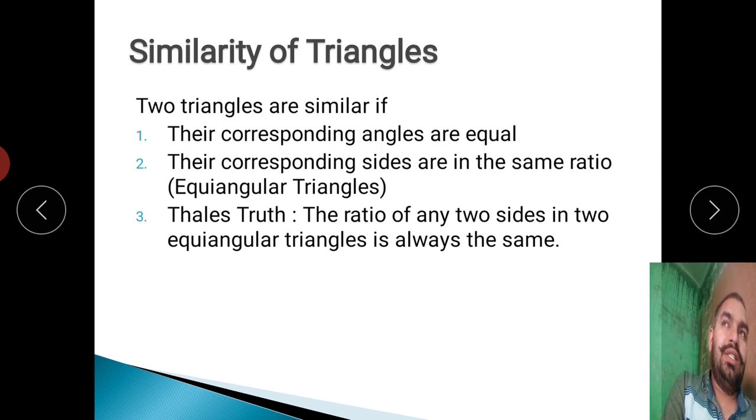If two triangles are equiangular, then the ratio of any two of their sides must be the same. The ratio of any two sides of these two triangles must be equal if they are equiangular.